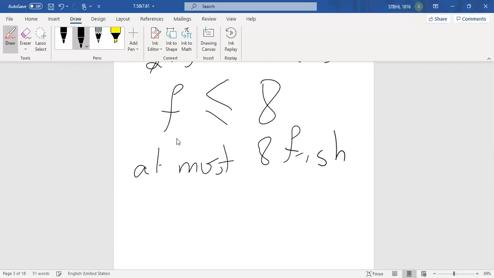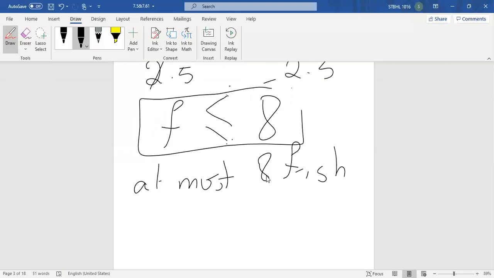Okay, this inequality, what does it mean? f represents how many fish, right? And what about the inequality sign? This inequality sign indicates that she or he needs at most 8 fish, or maximum 8 fish.